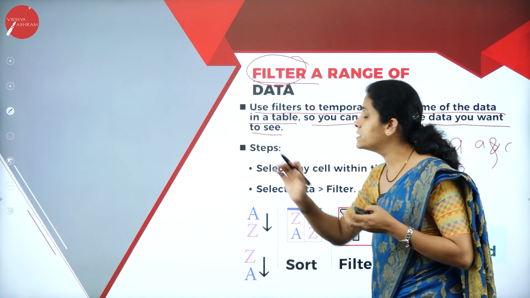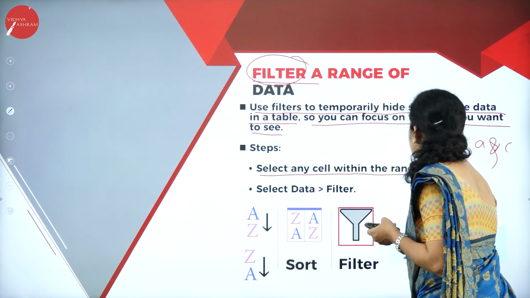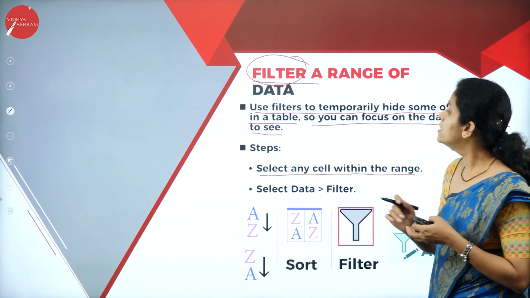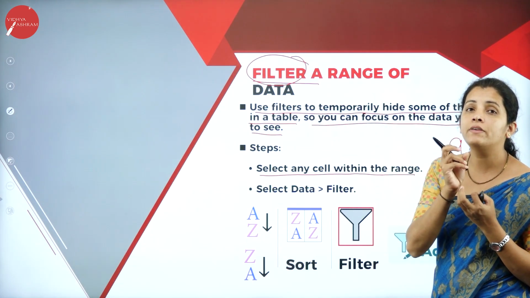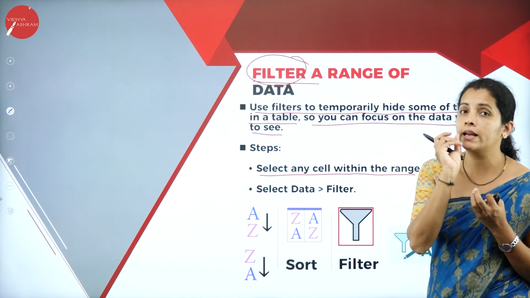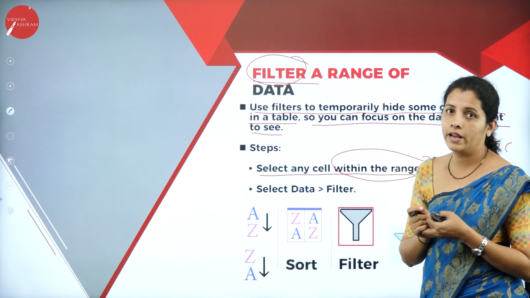So the steps involved here is to select any cell within the range. That means you want to select the cell and specify the criteria. So here criteria is nothing but the range you're going to specify.